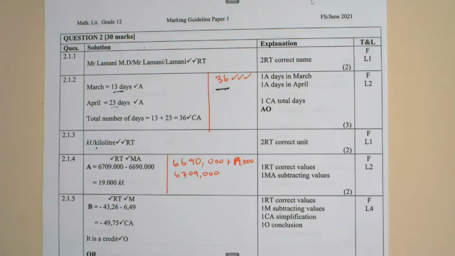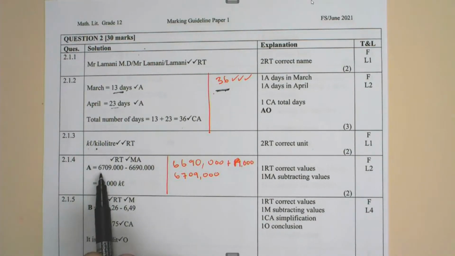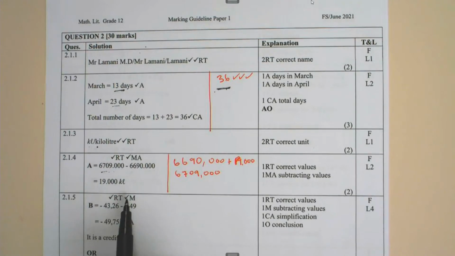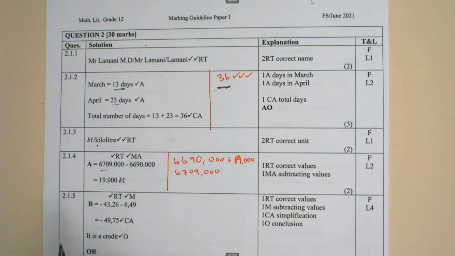Then you go to the annexure, you look for those numbers, then you get 6709 with 3 zeros, and then you subtract from it 6690 with 3 zeros, then you'll get 19 and comma 3 zeros kiloliters.